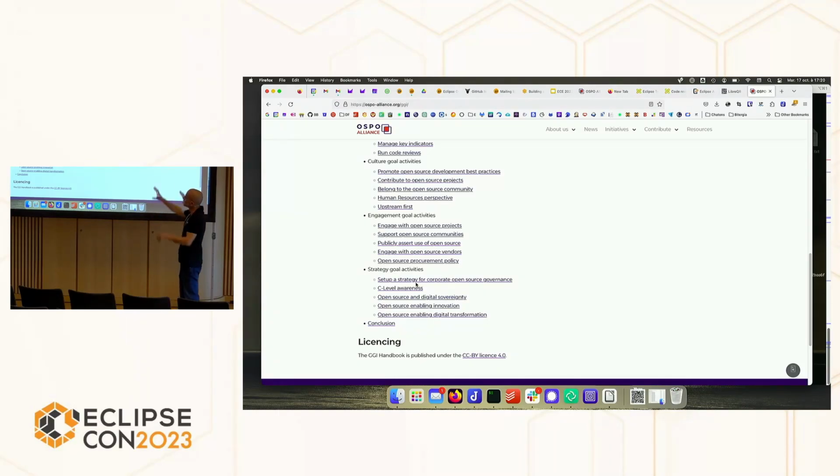So actually, to make it clear, once you get there, usually you've gone through all the activities before. So there has been a lot of work done on diffusing open source awareness within the organization and so on. So at that point, you already have established, identified the skills, resources that you have. You already have processes to use open source correctly, and with some risk management and contributing back, engaging with the ecosystem.